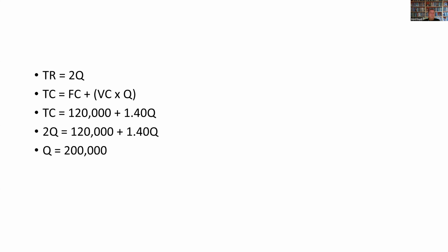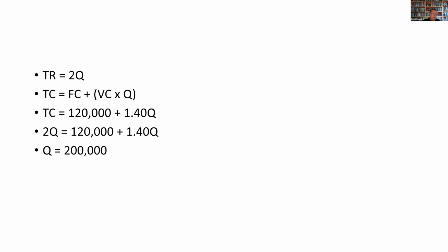So you set total revenue equal to total cost. We said our total revenue was 2Q. So 2Q equals $120,000 plus 1.4Q, which is our variable cost, and then you just work through the formula. So you're trying to isolate Q, so you subtract 1.4Q from both sides, you end up with 0.6Q equals $120,000.